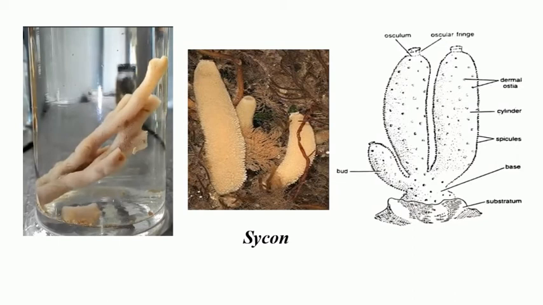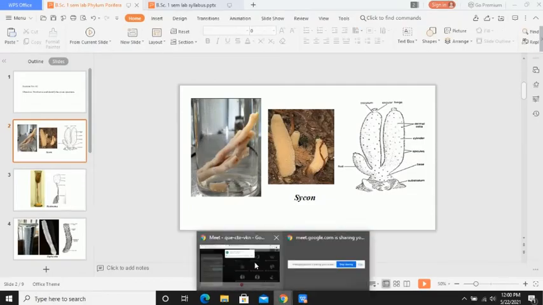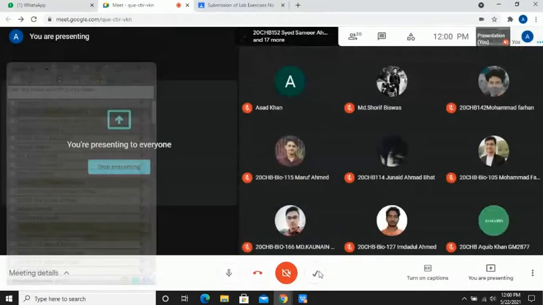Always remember that based on the number of the spicules, their size and shape, these organisms, the poriferans, are classified. So that is one of the major taxonomic characters.